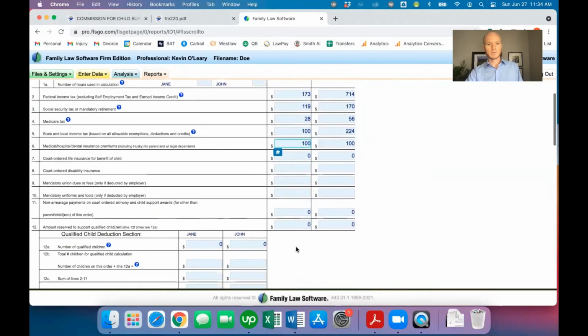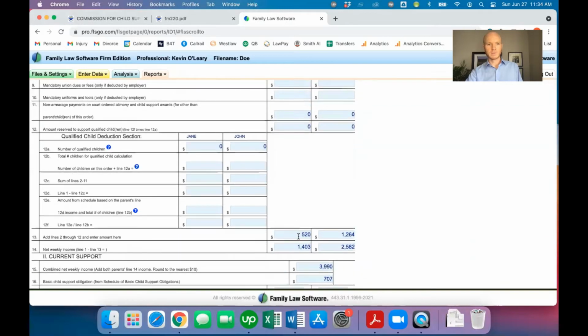And then if you keep scrolling down, these are all the total deductions. And then this is the net income of each of the parties, each of the parents, after all the deductions come out.